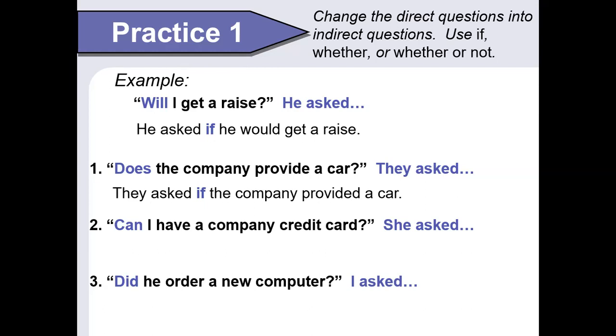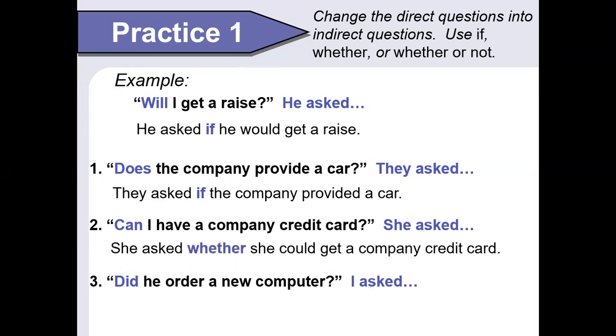Okay, she asked if, or whether, right? But what comes next? She asked if I have a company credit card. Okay. She asked whether she could get a company credit card.